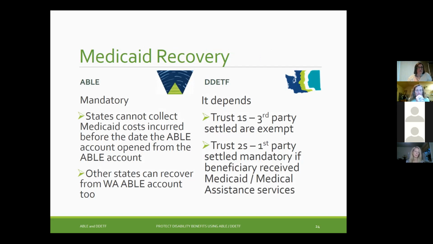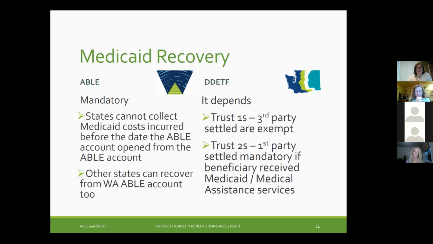And the other is other states. So if this individual lived in multiple states and received Medicaid services in multiple states, those multiple states could also put their hand out to try to recover from the ABLE assets. As our families get more mobile, that might be something that occurs into the future.